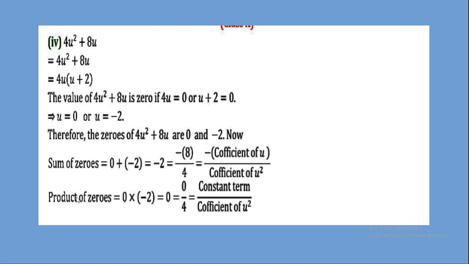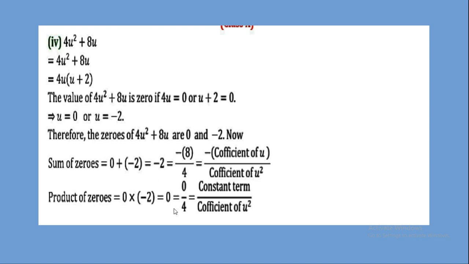Next we can find the product of the zeros. Here the product of the zeros is 0 into minus 2, that is equal to 0. To make it in the form constant term by coefficient of u square, we can write this 0 as 0 by 4, because the constant term here is 0 and 4 is the coefficient of u square.